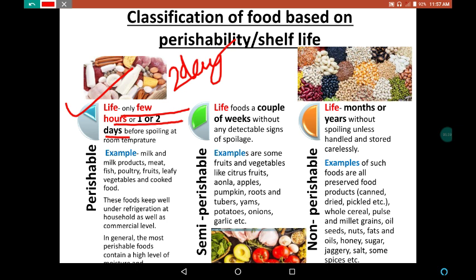What are the examples? So many examples are there. You can see in your daily life, like milk and milk products, meat, fish, poultry, some fruits, some green leafy vegetables, or cooked food is also perishable, which can spoil after some time at room temperature.